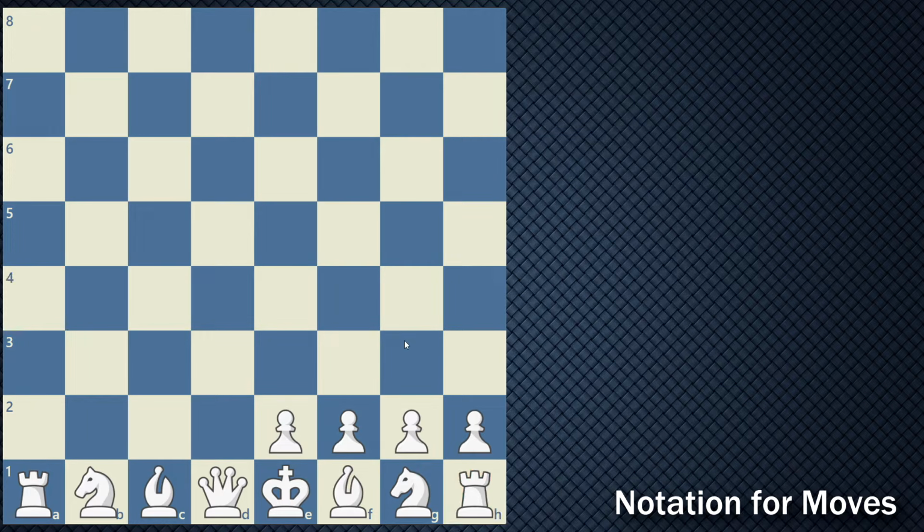Another example is if this knight moves to c3. I will write capital N, lowercase c, and the number 3.